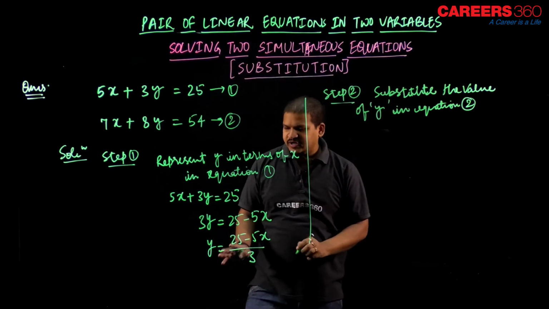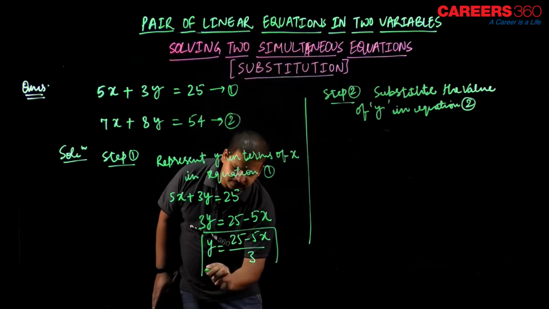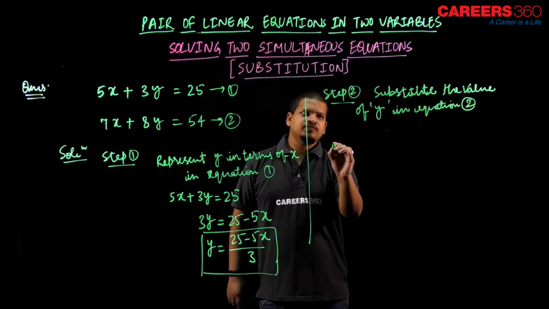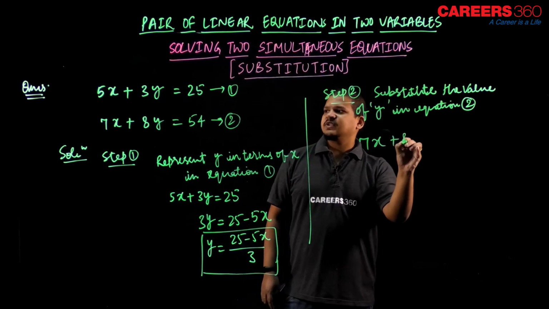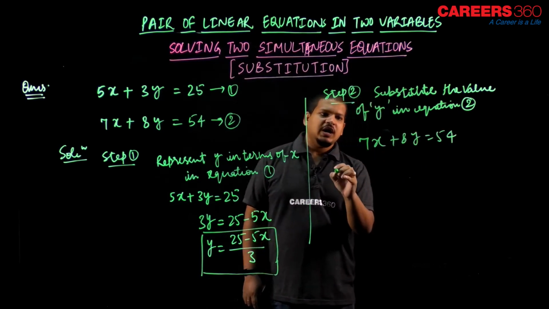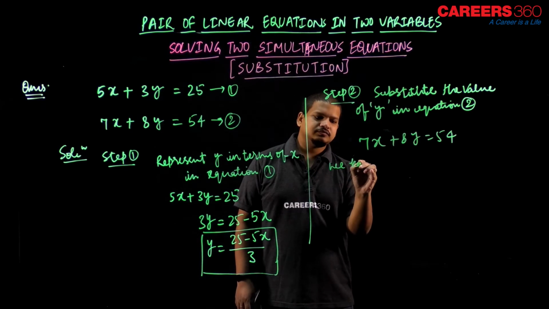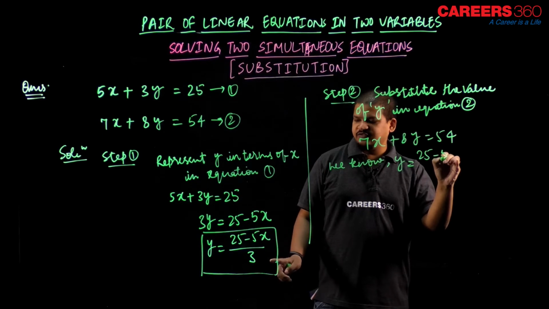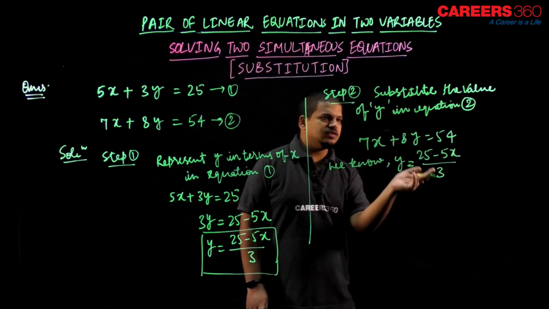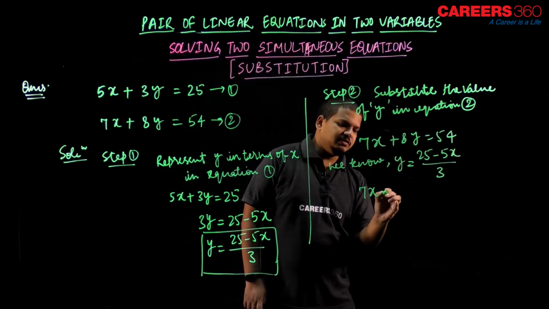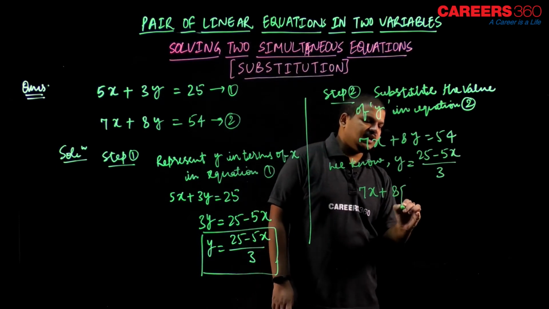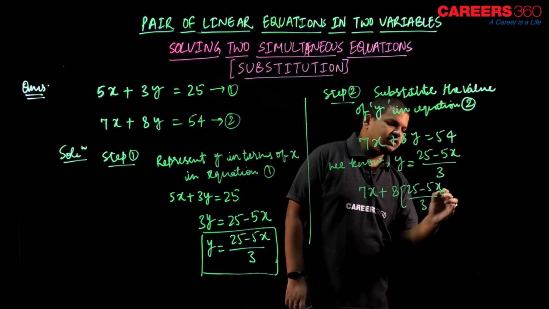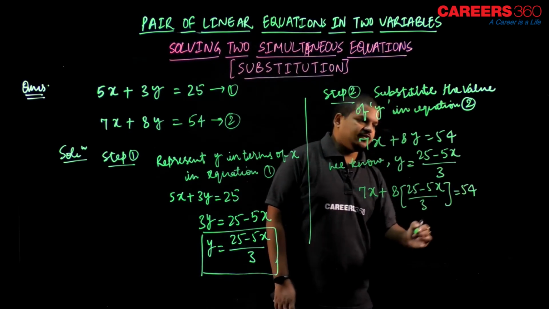So the value of y that we have obtained will be substituted in equation number 2. Equation number 2 is 7x plus 8y is equal to 54, and we know y is equal to (25 minus 5x) upon 3. So let's substitute this. I will be getting 7x plus 8 times (25 minus 5x) upon 3 is equal to 54.